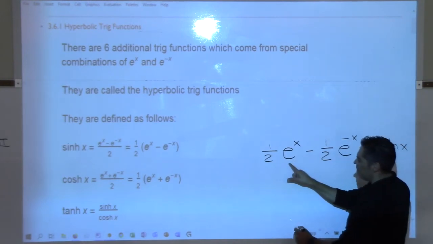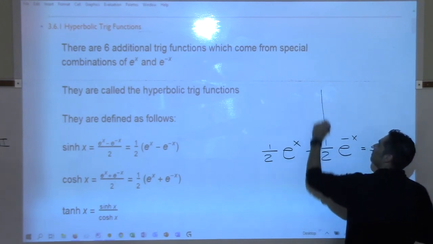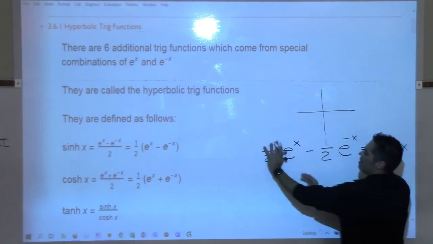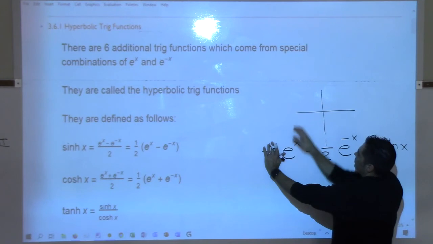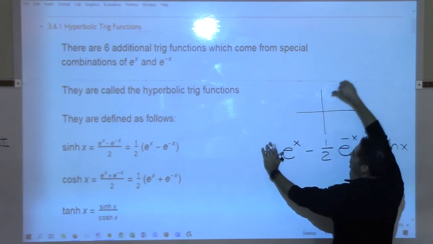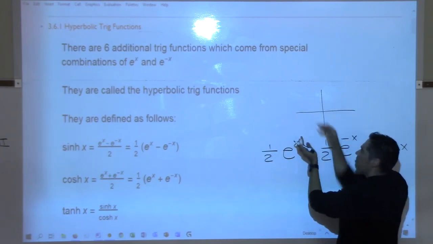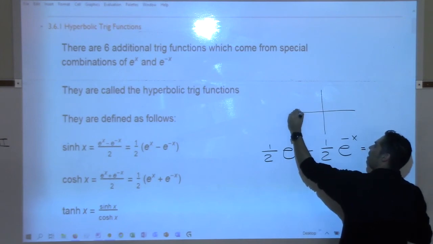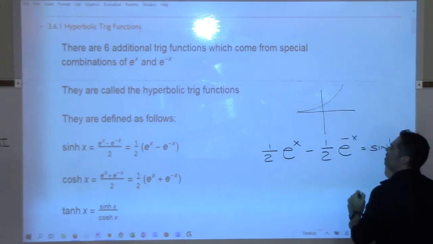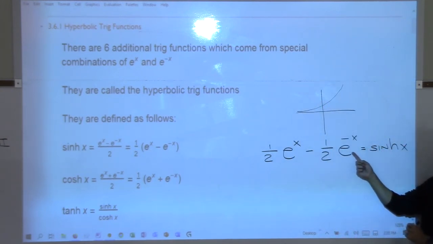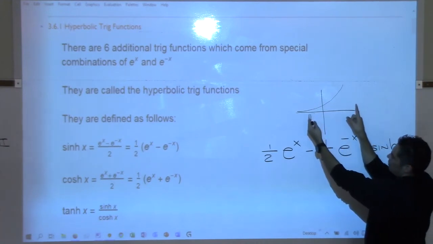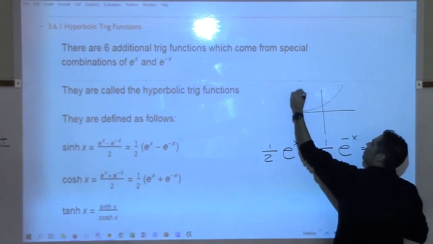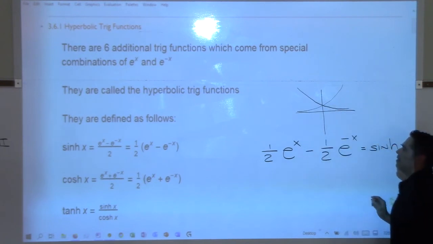So you're taking an exponential function. What does e to the x look like if I were to graph it? It goes like this, and then multiplying it by a half shrinks it a little bit. And what does e to the negative x look like? It's going to flip, so it's this one, and then shrunk down.